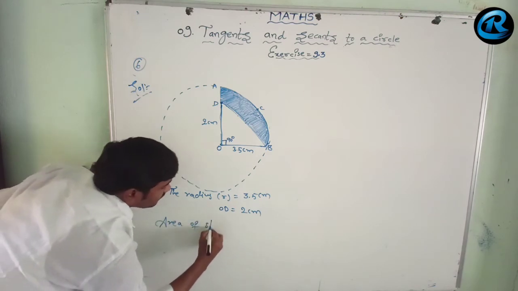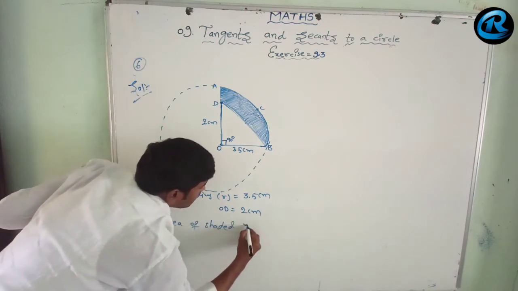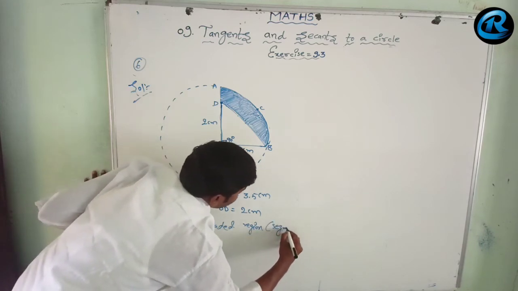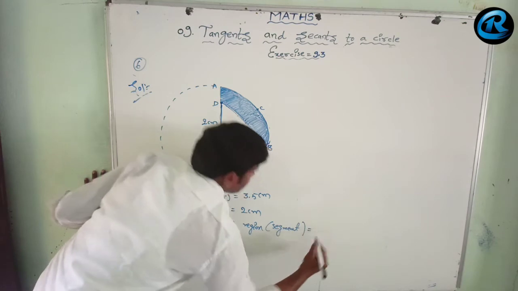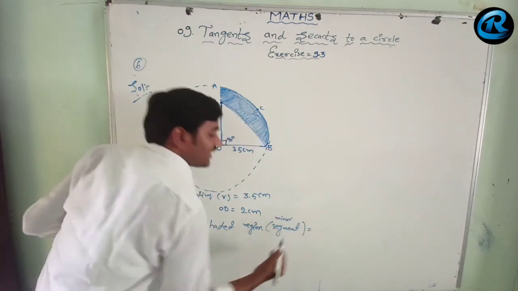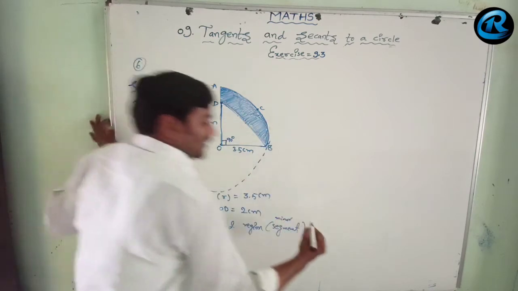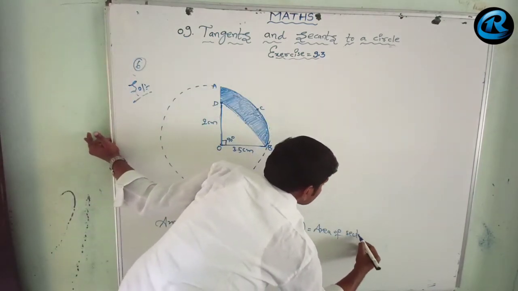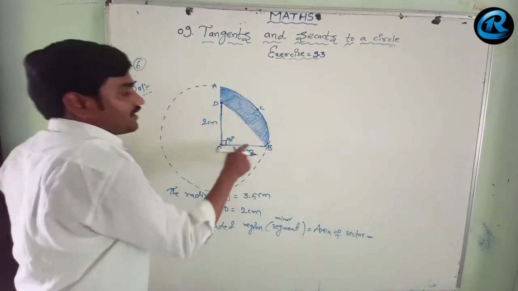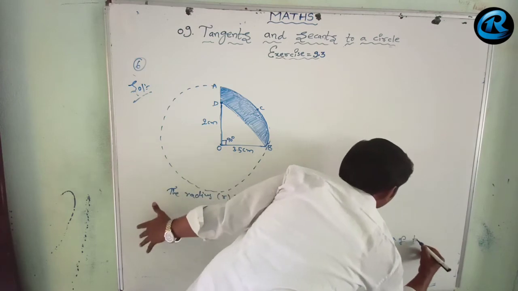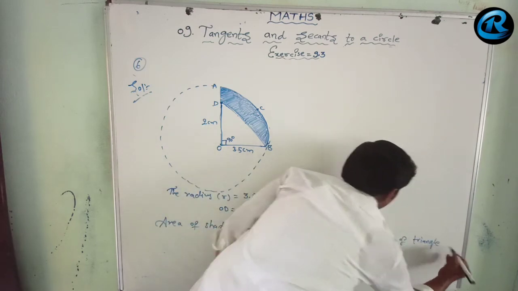Area of shaded region, how does it look? It looks like a segment. Area of segment equal to area of sector minus area of triangle.